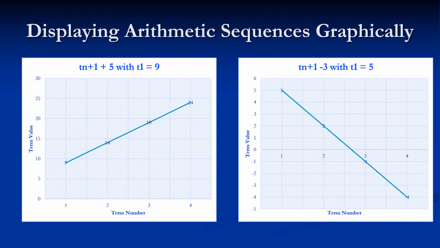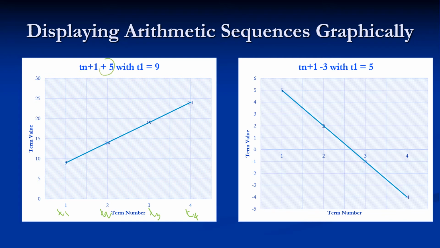Now we'll have a look at this in a little bit more detail next lesson, but you can note that for these two arithmetic sequences, we can display them graphically. So we've just got term 1, term 2, term 3 and term 4. I've displayed them as a linear graph, and you can see that the difference is constant as they go up or down.